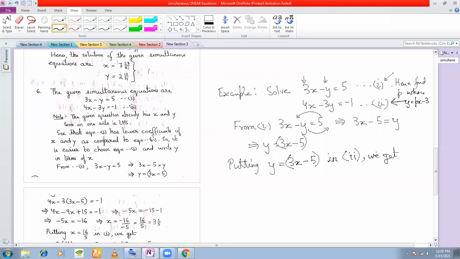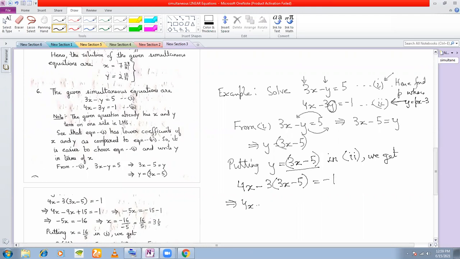we get, from the second equation, 4x minus 3 times y. Now instead of y, we put the value of y. What is the value of y? 3x minus 5, is equal to minus 1. Now this again becomes a linear equation.